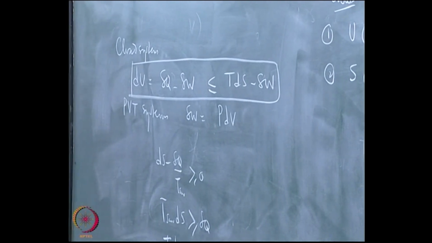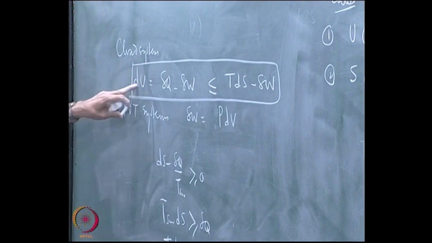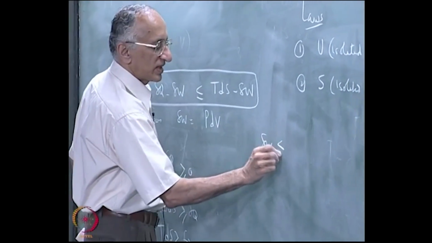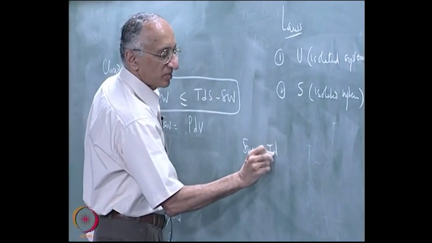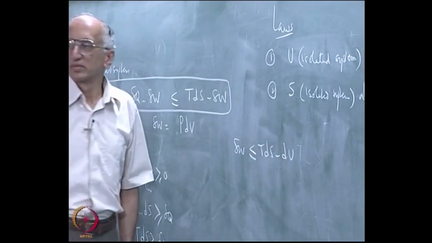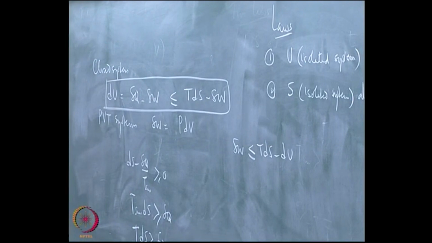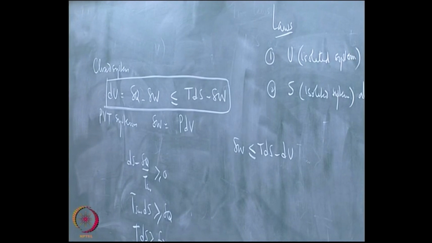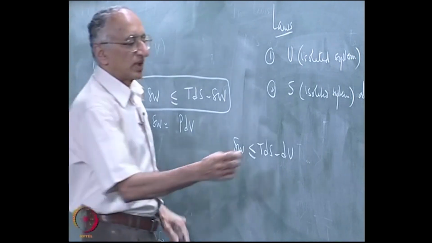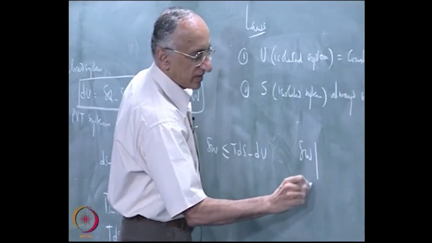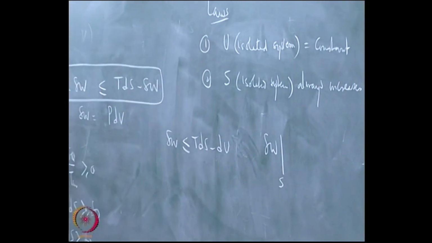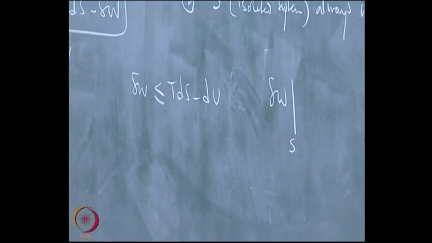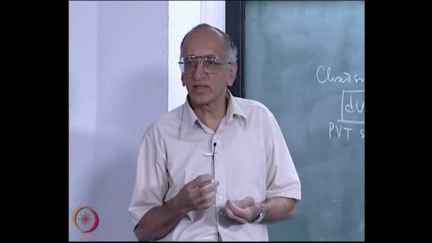And since your first quantity of interest is work, you rewrite this and ask what is delta W. So delta W at constant S, suppose I held S constant in a process, has to be less than or equal to minus dU.